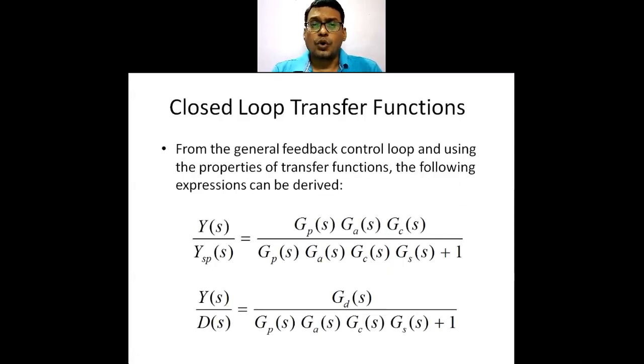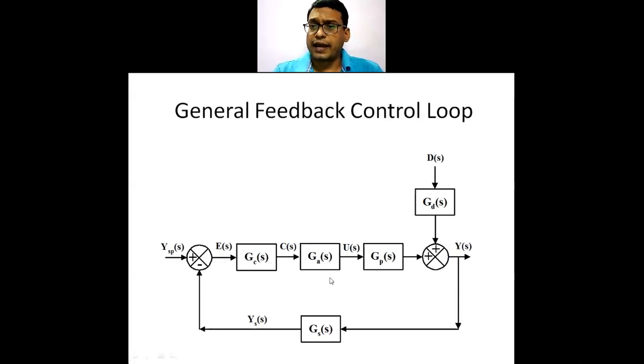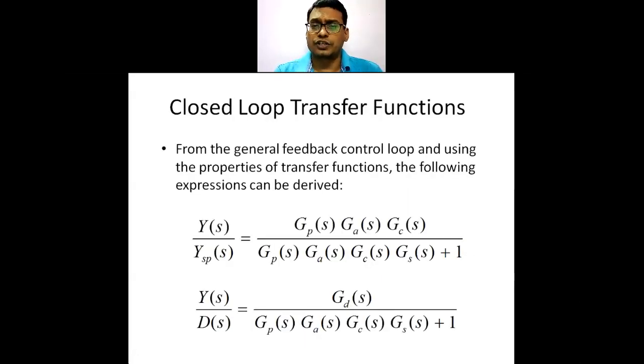So the feedback control system will have the transfer function ys upon ysp, which is nothing but the product of all transfer functions between ys and ysp upon 1 plus the product of all transfer functions in the control loop.